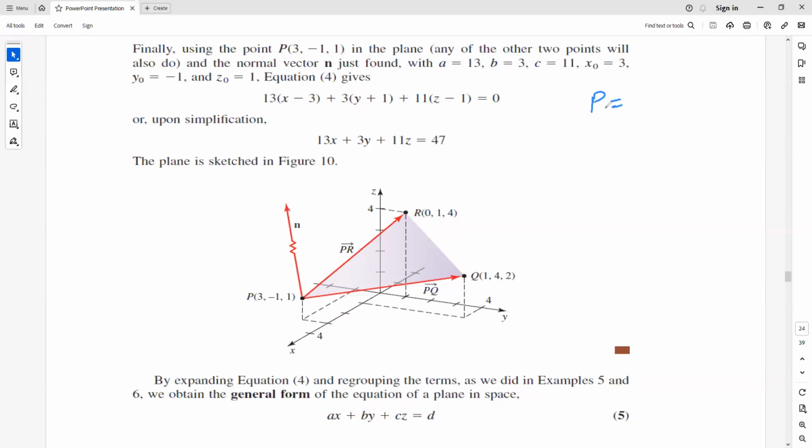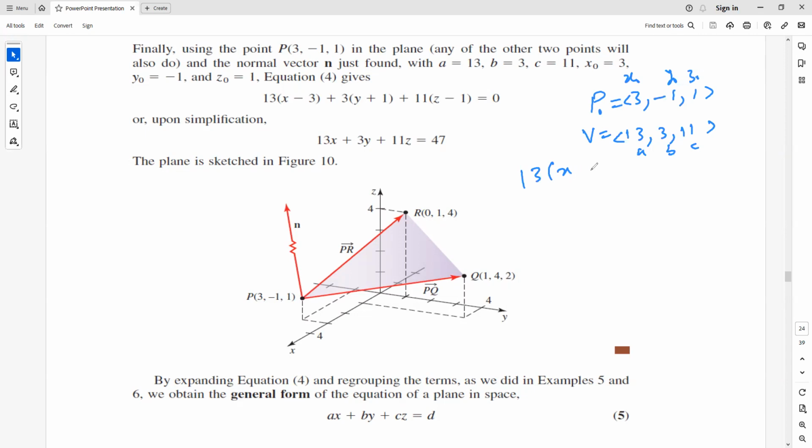So point P is 3, -1, and 1, and vector V is nothing but 13, 3, and 11. Now just by definition, plugging in, that is our a, b, and c, that is our x naught, y naught, and z naught, right? So let's call it P naught.